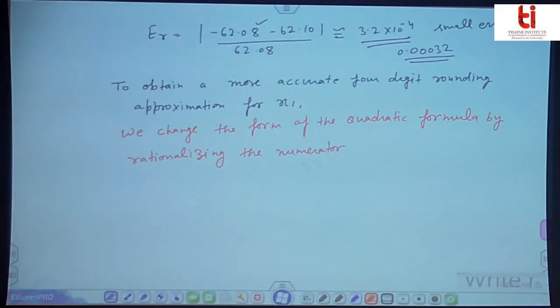Okay, so what do we do? x1 equals minus b plus square root of b square minus 4ac, upon 2a, multiplied by minus b minus square root of b square minus 4ac.